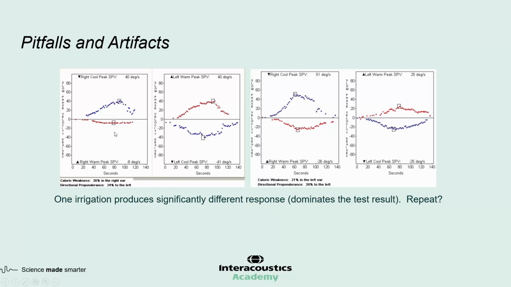In this case, the prudent thing would be not to interpret it, because this is not interpretable. This will show something that's abnormal, but in fact, if you repeat the right warm irrigation, in the majority of cases, right warm will come back up to the same level as the remaining irrigations, and this will be a normal test.